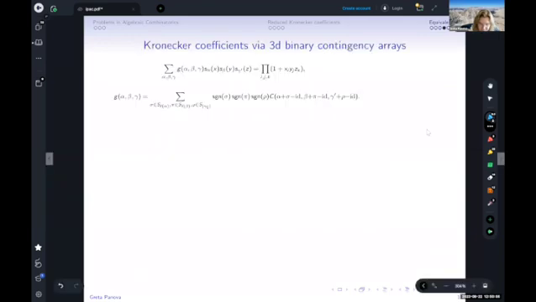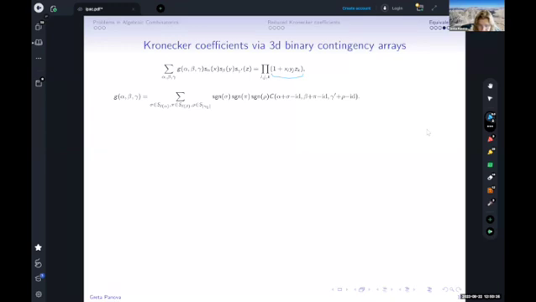So next, how do we compute Kronecker coefficients using this type of point configurations? And we are going to use this formula. This is what's called the dual triple Cauchy identity with the Schur functions. So now we have three sets of variables, x, y, and z. We take the triple products x_i y_j z_k.